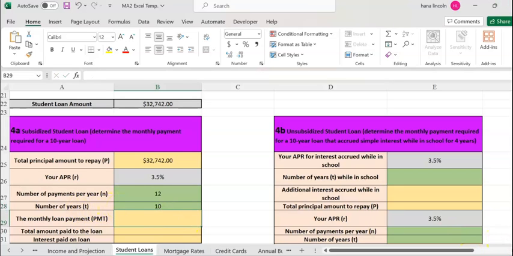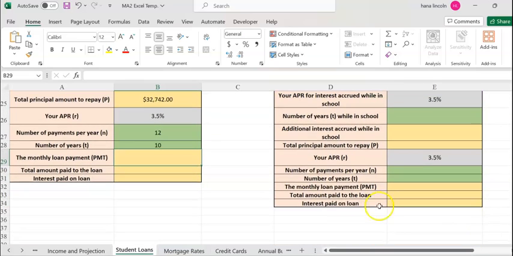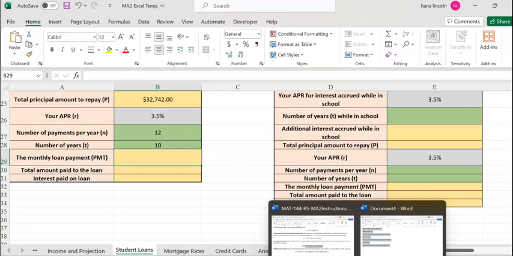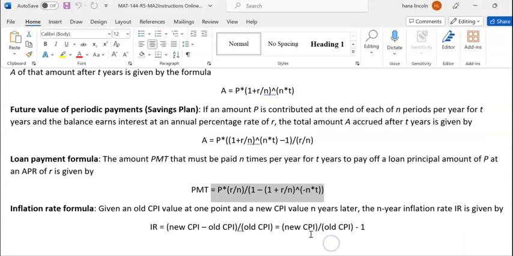Next, we're going to use the loan payments, or PMT, monthly payment formula. You have been given this formula here on your assignment, so we're going to use this PMT formula.